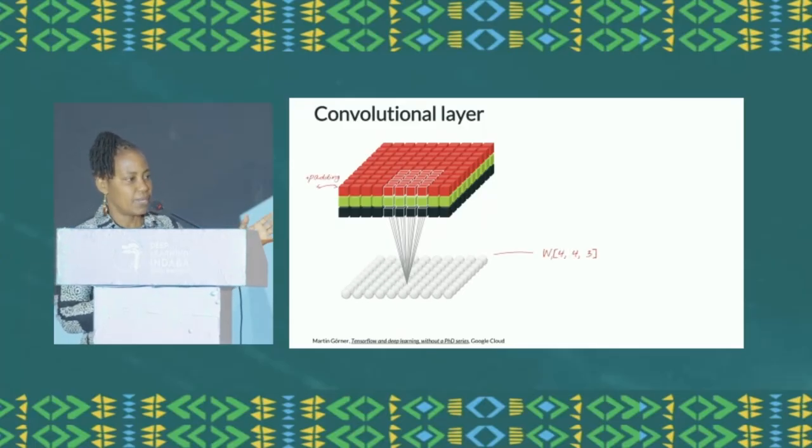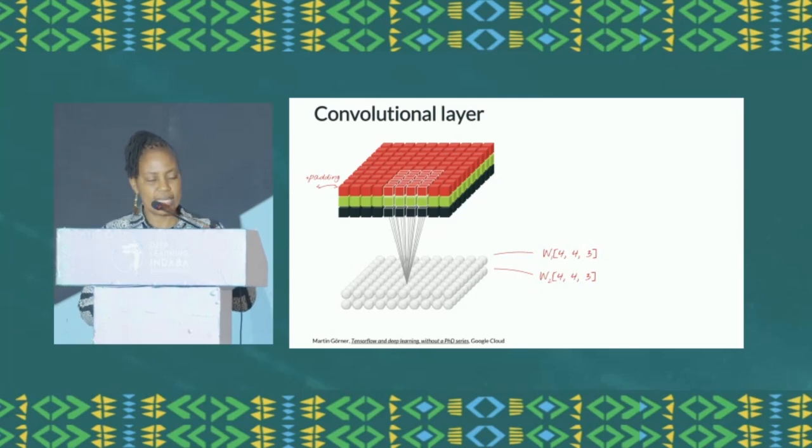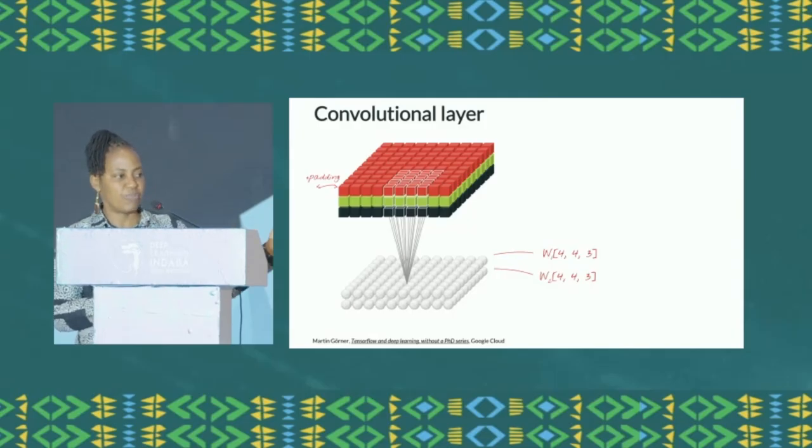We have key parameters that control the size of the output image. One is padding, a key parameter on convolution that involves adding pixels around the input image before convolution to control the size of the output.